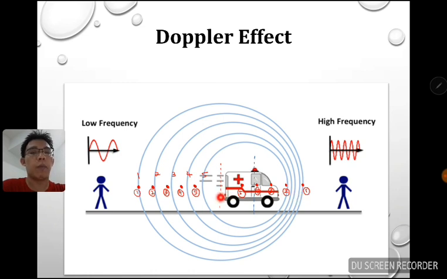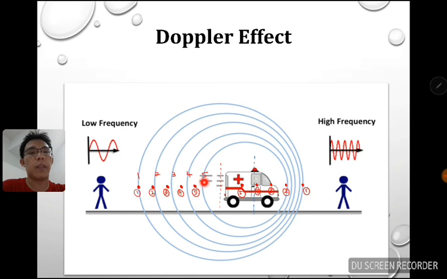The ambulance is somewhere here, not moving. If the ambulance is speeding, then you can see that those wave fronts are deviated from the position where they are supposed to be. They move forward together with the ambulance, whereas those behind here haven't arrived at the point they are supposed to arrive. So this is wave front 5, and this is where it's supposed to be at this moment.